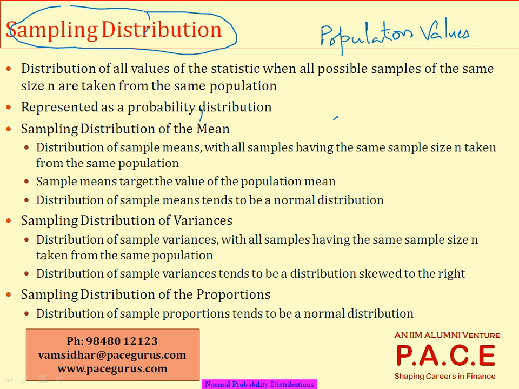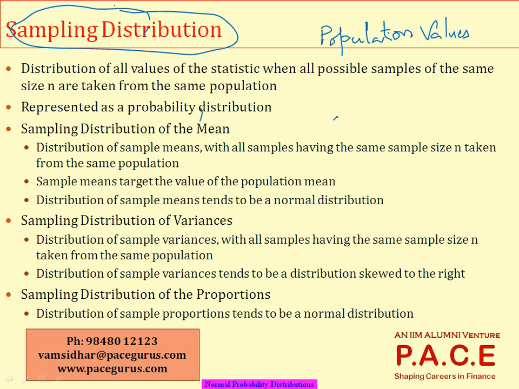Again, let me repeat the same concept. If I want to find out the average height of an Indian male, because I cannot go to each and every person and measure his height, I take a sample of around 1,000 people. Now, I can take various combinations of 1,000 and each combination can give me a different average.